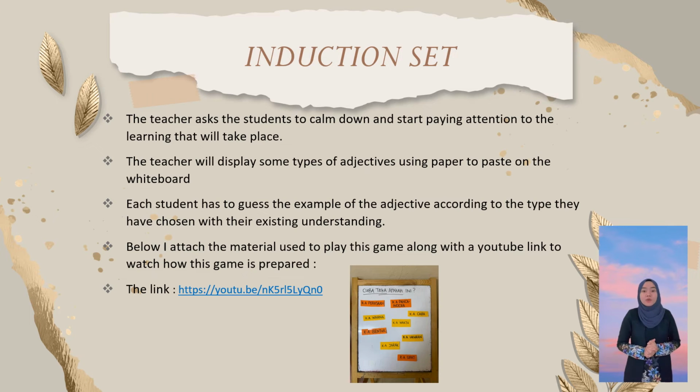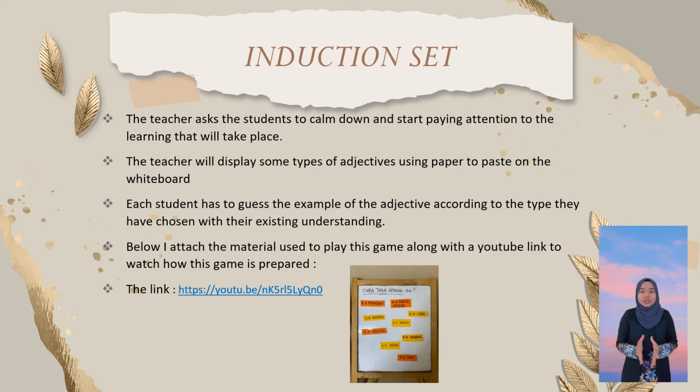Next, I will explain one by one about the activities that are conducted in the classroom. To start the classroom, I have run an induction set that are titled Try to Guess What Is This? So, first of all, the teacher will ask the student to calm down and start paying attention to the learning that will take place. Then, the teacher will display some types of adjective using paper to paste on the whiteboard.